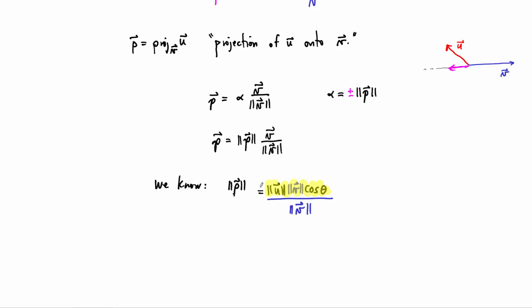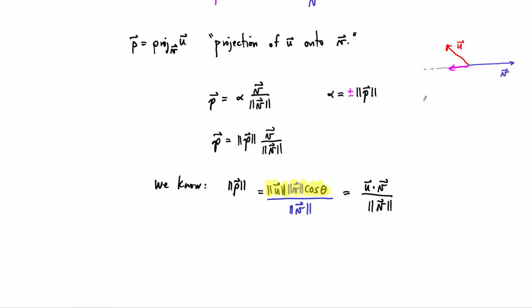And so what we've learned here then is that this length of p in the picture that I drew is equal to the length of u times, well, I just wrote that, right? So it's equal to the dot product of u with v. That's what we worked out here, right? So u dotted with v divided by the length of v. And now we remember that the dot product can absolutely be negative, right?